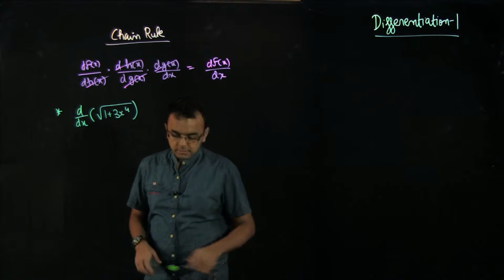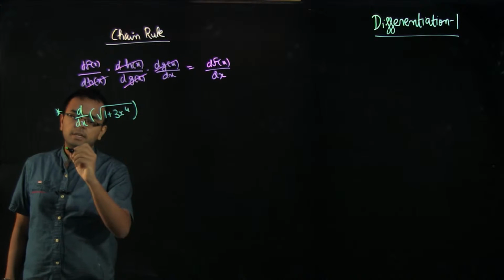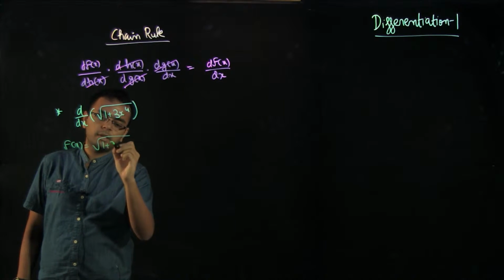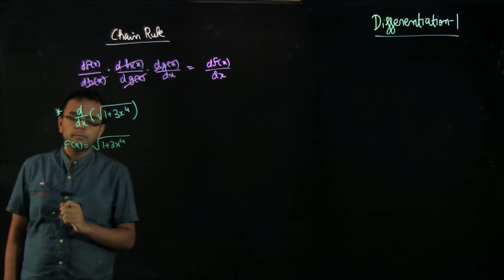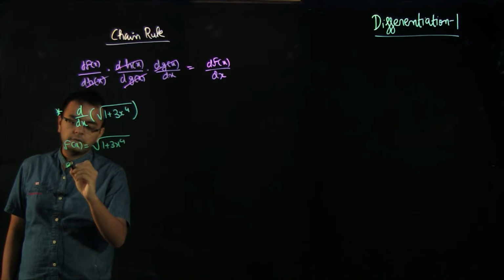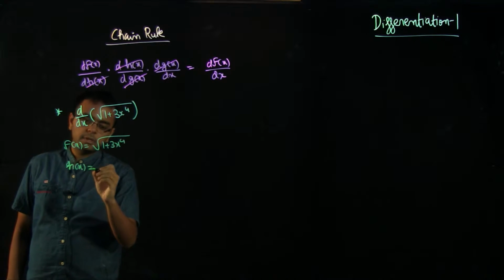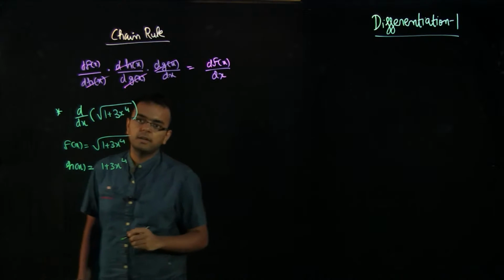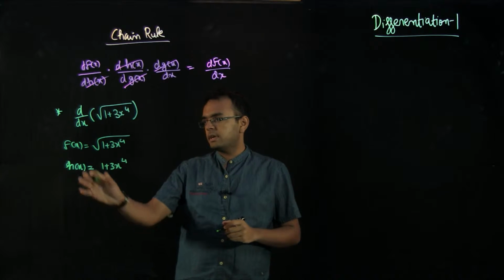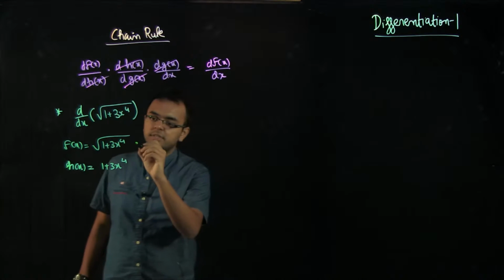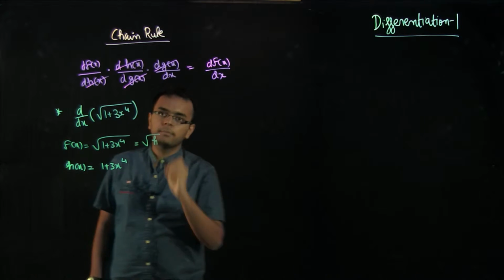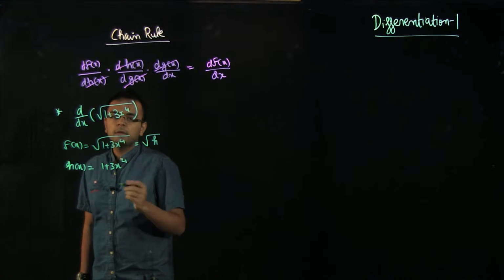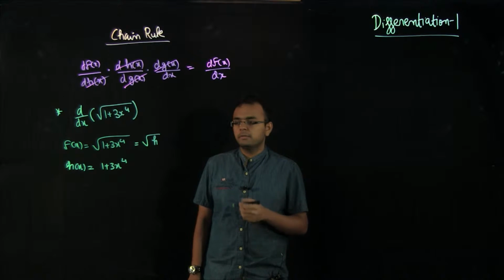So what we can do is we can say that, let us say f of x is the square root of h of x, and h of x is 1 plus 3x raised to the power of 4. So I am saying that I am now creating another function h of x and f of x as this. You can naturally see that f is square root of h, right? And for h of x, I can find out the differentiation of h of x directly.